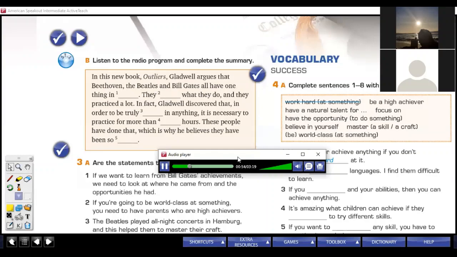Now, his new book is looking at success. Yes, and what he says is that if we think about somebody like Bill Gates, a hugely successful person, and we want to learn from his achievements, then what do we look at? We look at what that man is like, what drives him. What does he do on a day-to-day basis? How can we be more like him?